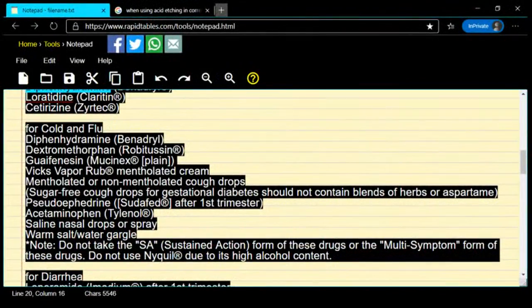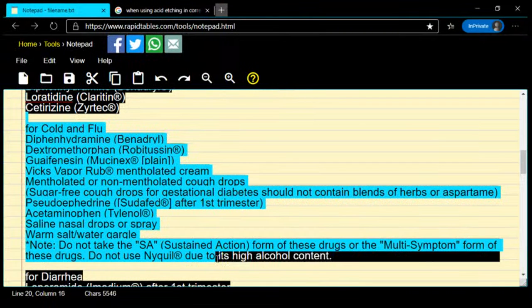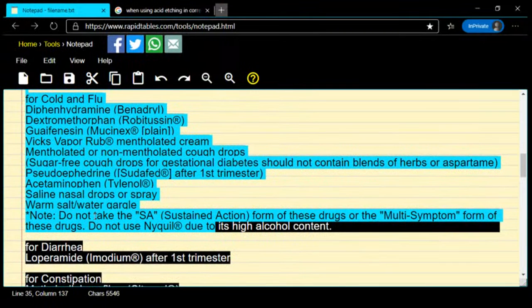Next, safe medications. We have the medications that are safely used with pregnant women to treat cold and flu.